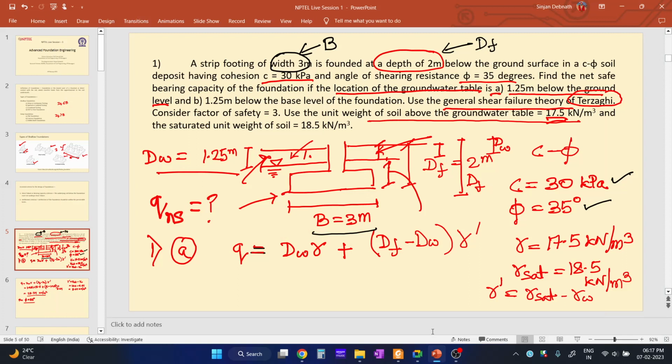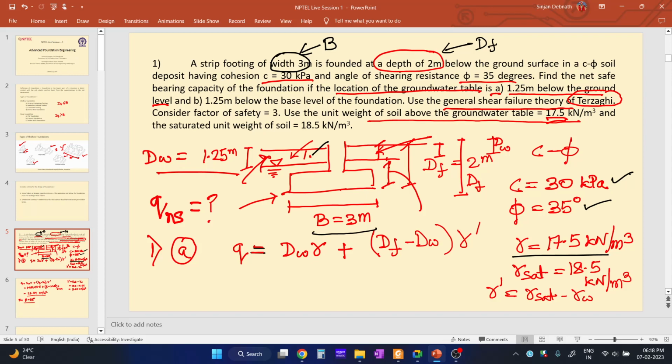So we have both the C and phi values over here. We know the unit weight of the part above the groundwater table, gamma, which is 17.5 kN per meter cube, and the saturated unit weight of soil, gamma saturated, which is 18.5 kN per meter cube.